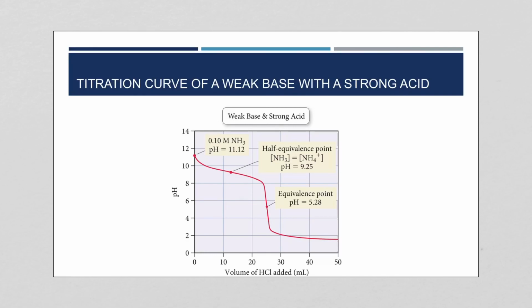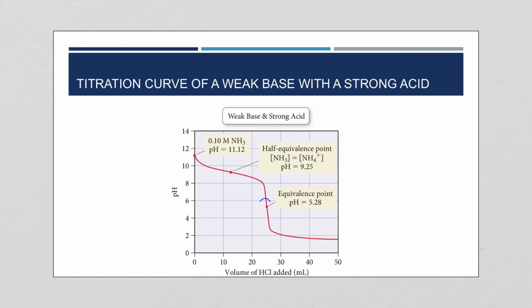Now, just to complete the picture, if we reverse the titration and we had our base in our flask and our acid in our burette, so we had a weak base, strong acid, we get a similar curve, just flipped. So we'd start off at a basic pH and we would treat it just the same. We'd have a basic buffer. We'd have our equivalence point.